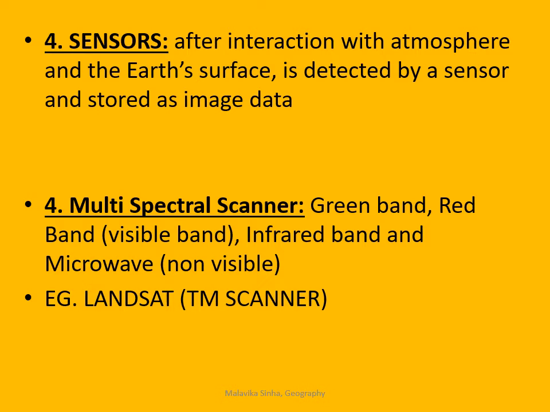We can take the Landsat series of satellites of NASA as an example. There is the thematic mapper scanner, which is composed of 9 spectral bands.